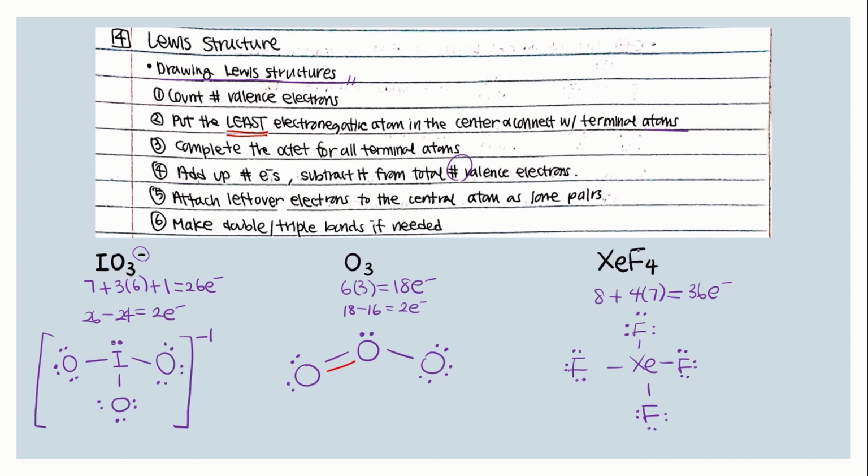And then you count them up. 36 minus 32, which is 4. And you have to put these 4 electrons on the central atom, even though it already satisfied the octet. And that is why I said it's an exception. The Xe atom can have 10 electrons total. And that is an exception of expanded octet.